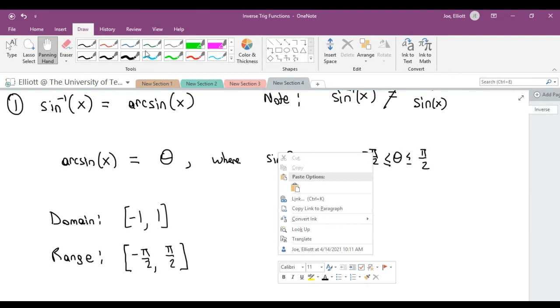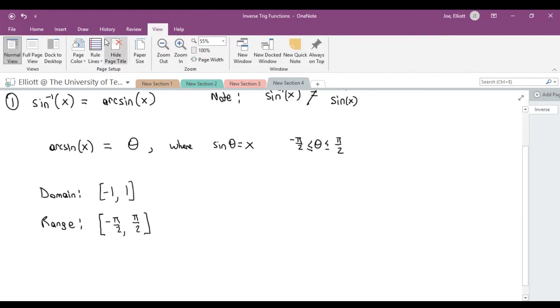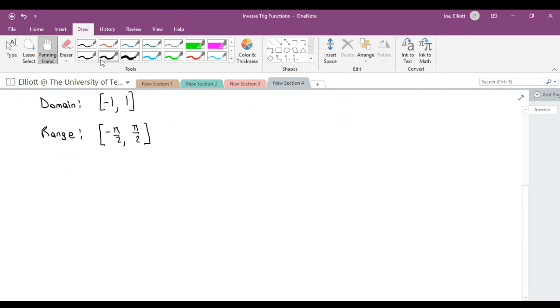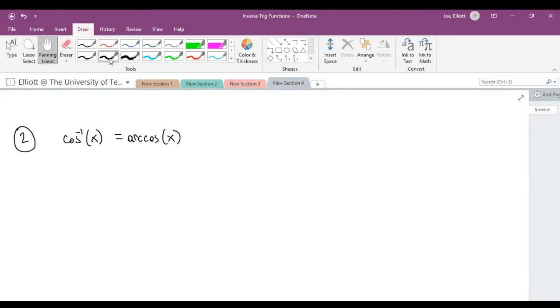All right, so let's talk about the arccosine next. Arccosine is similar, but its range is different though. Just a note again, what does it do?